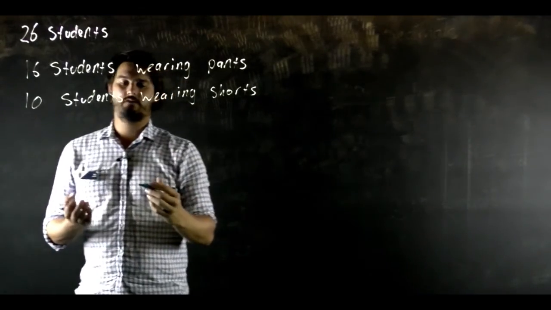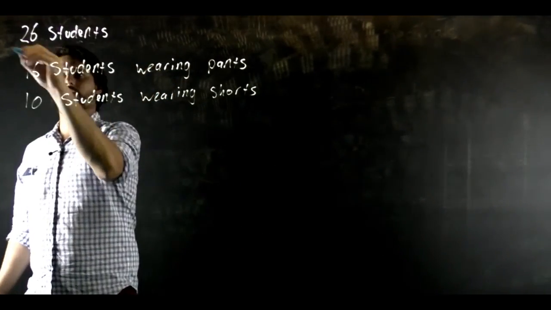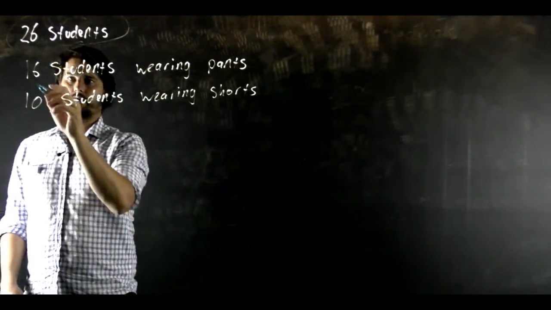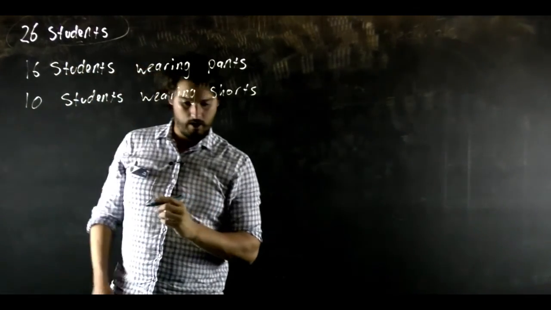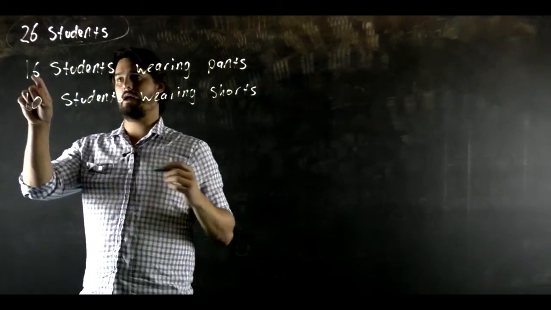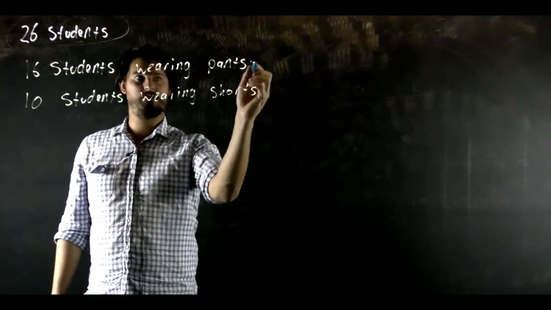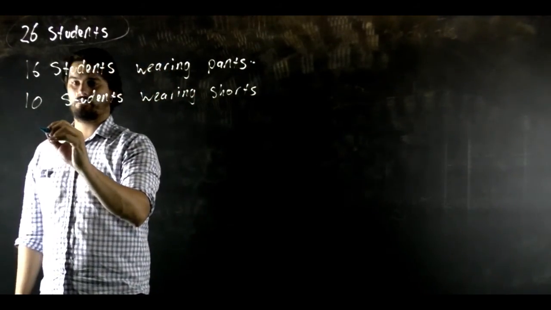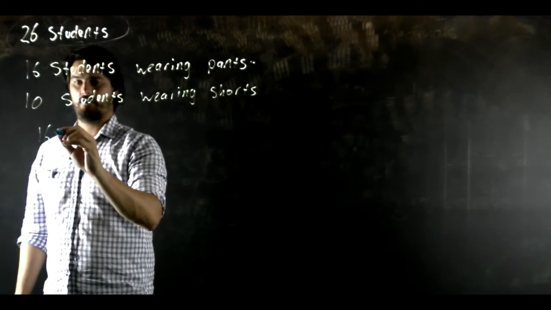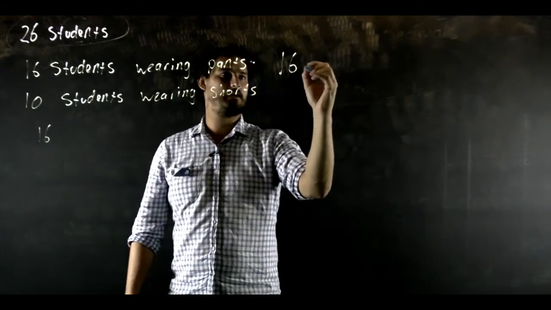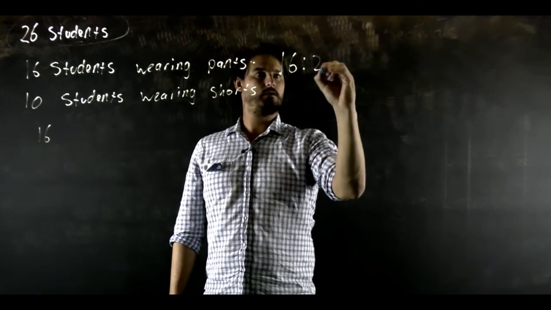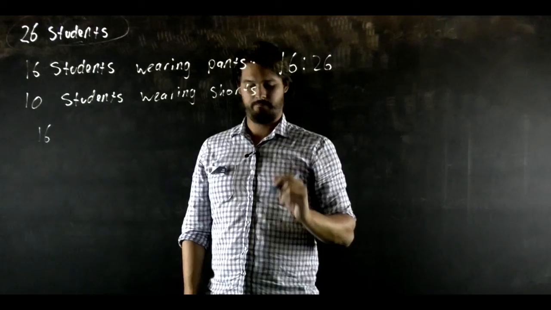Okay, to write this as a ratio, we know our total amount is 26, and we have two options here that we've split our class into. So our ratio of students wearing pants, we're going to write as 16 to 26.